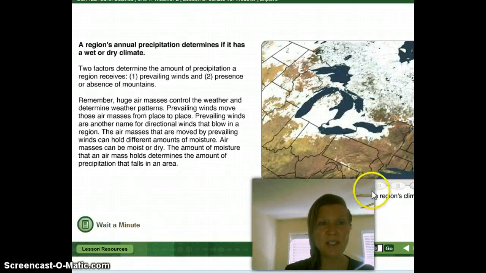Again, a region's annual precipitation determines if it has a wet or a dry climate. Again, here's the Great Lakes region in North America, and the winds and the presence or absence of mountains or large bodies of water determine how wet or dry it is. Remember, the amount of moisture an air mass can hold determines the amount of precipitation that will fall in an area as well.